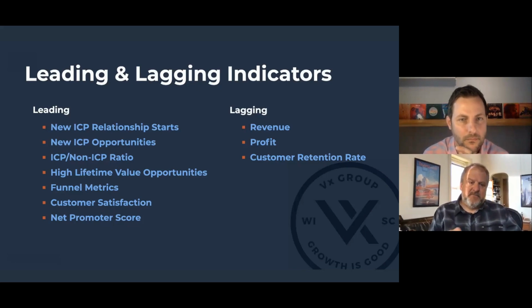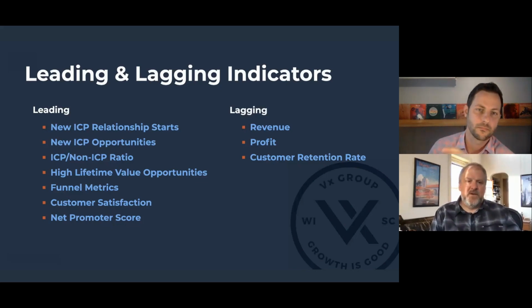So those are just some leading and lagging indicators that can be used to help you keep an eye on this lifetime value concept and leverage it to understand more thoroughly what's happening in your business.